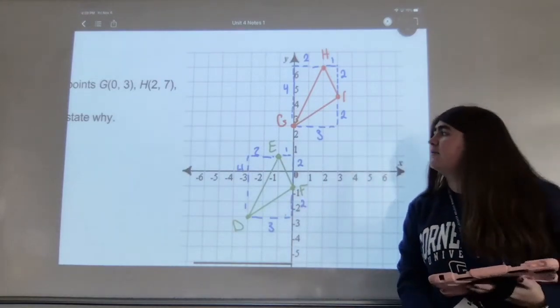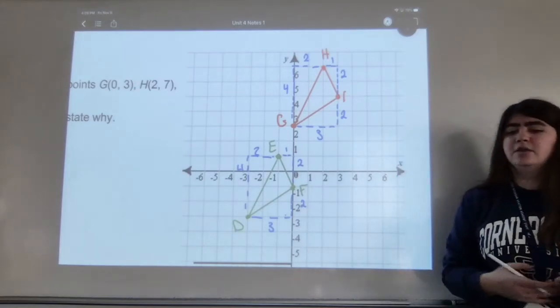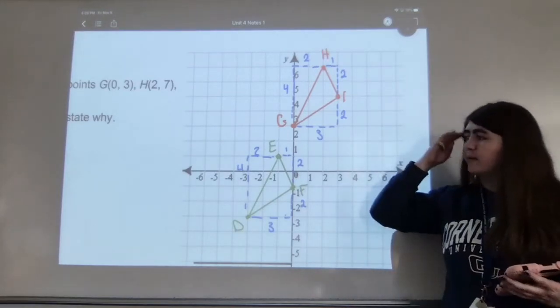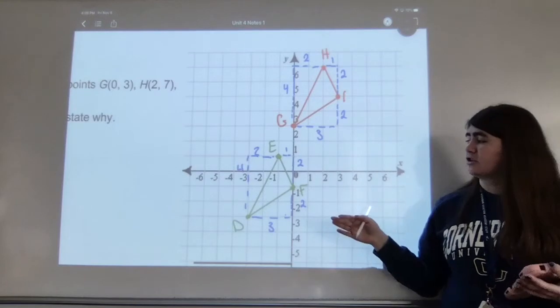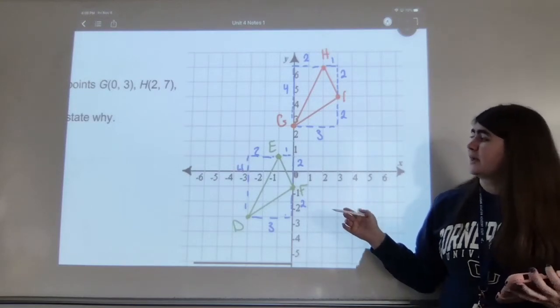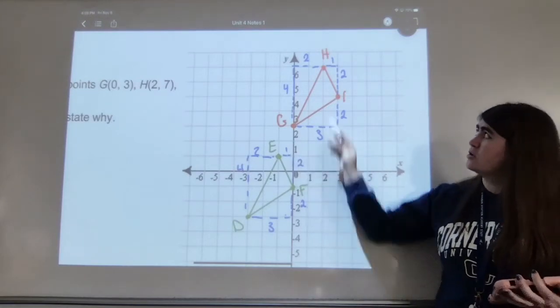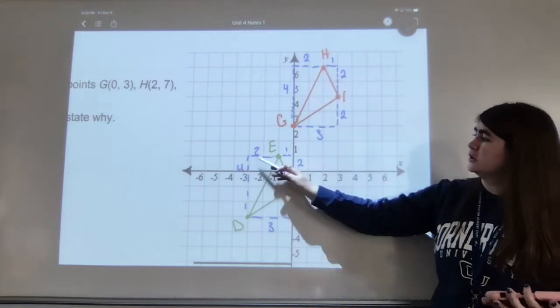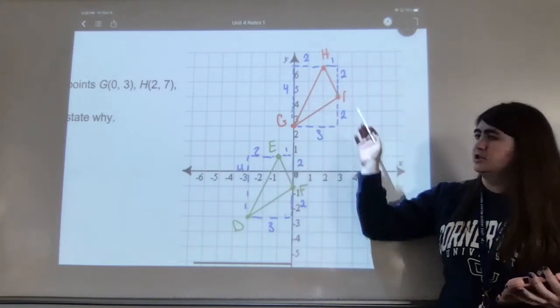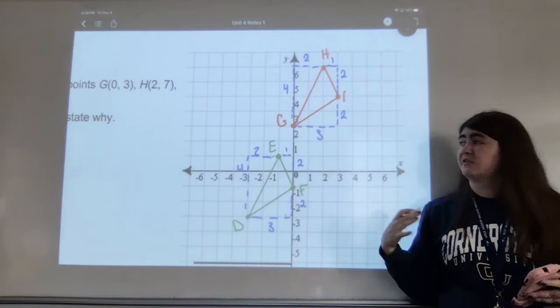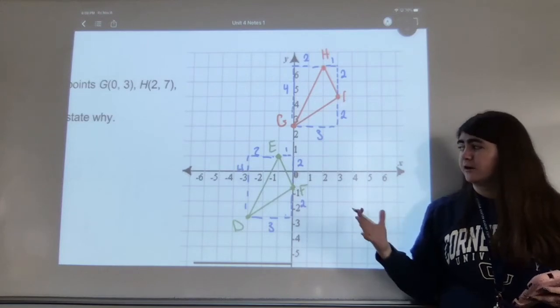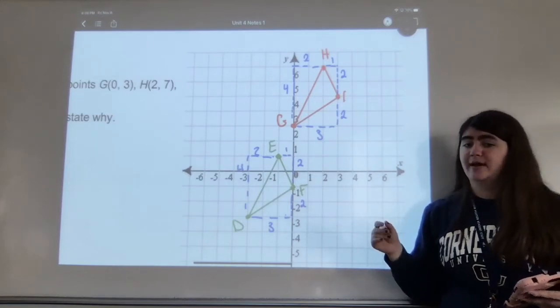Alright, so now I have all of that information. I do need to show their value, so I'm going to do that work to the side in just a second, but you might be recognizing that I have 1 and 2, 1 and 2, 2 and 4, 2 and 4, 3 and 2, 3 and 2. Which is good because that means that our segments are actually congruent, and we already know that, but we do have to show the numerical value too.